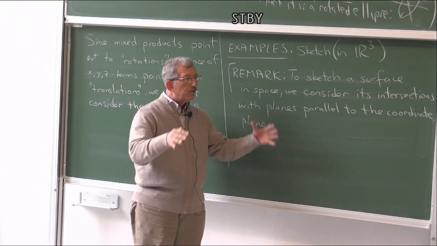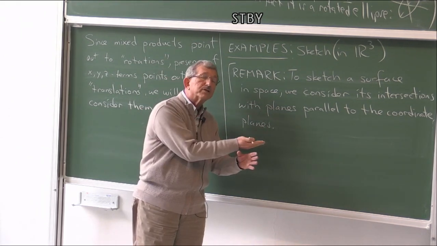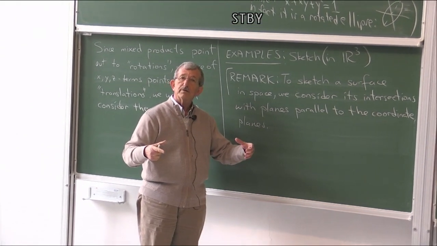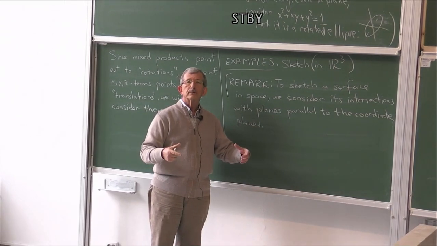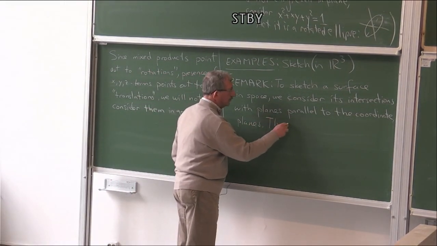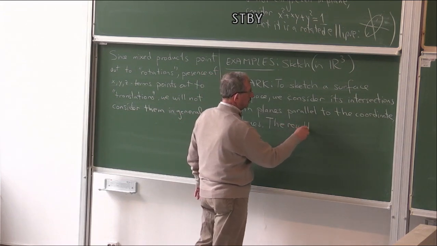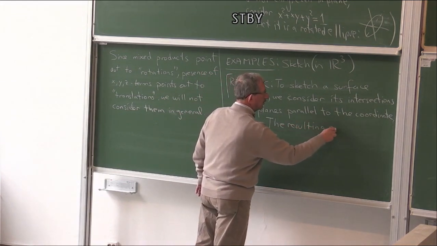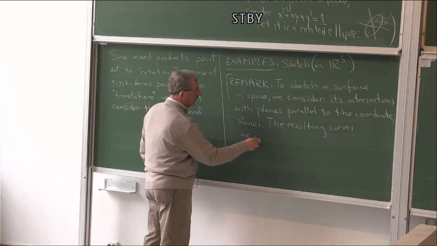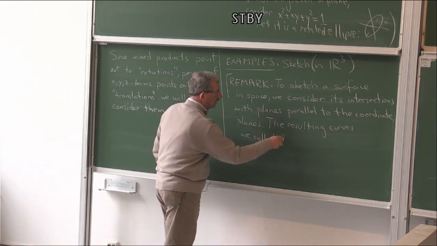So if you have a surface, you intersect with a horizontal plane, you get a curve. And it's easy to sketch curves. The resulting curves are called level curves.